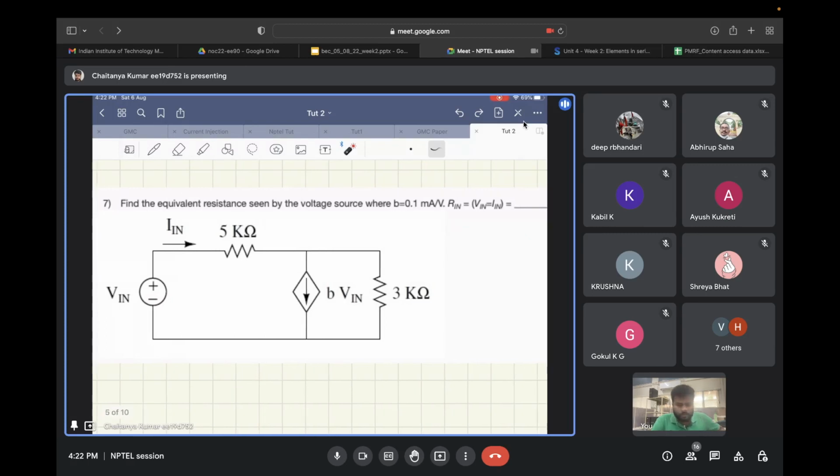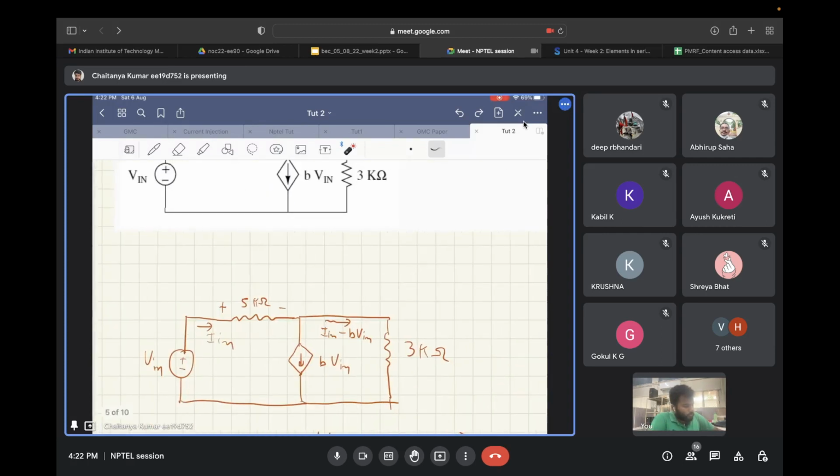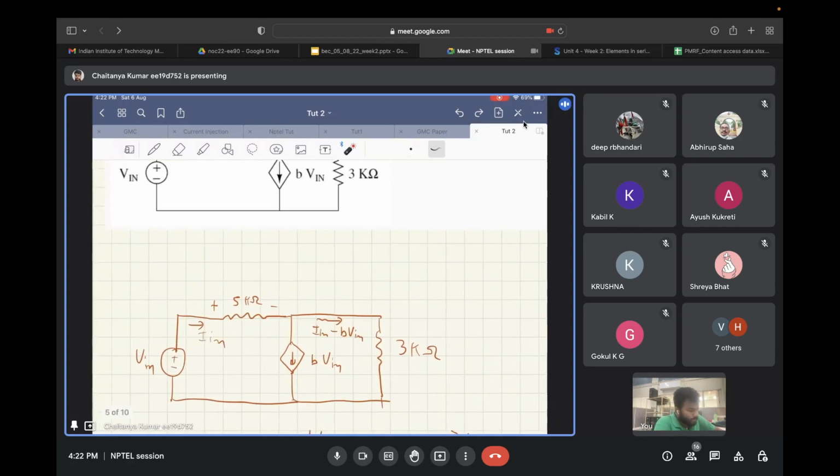Okay, so let's proceed with the solution. Now this is a dependent source. Can anyone tell what kind of dependent source this is? Out of current controlled current source, current controlled voltage source, voltage controlled current source, or voltage controlled voltage source, which one is this?